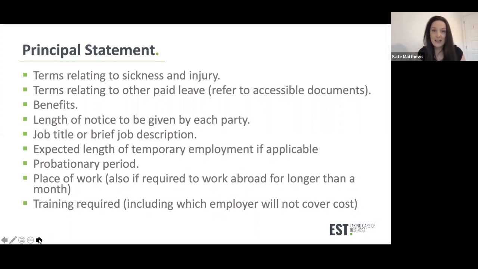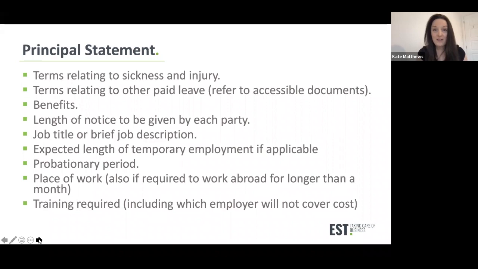The flip side, the amount of notice that you as the employer have to give the employee, again, in the first month, there's no requirement for notice. And then after the first month of employment, up to the first 2 years of employment, you have to give at least a week's notice.